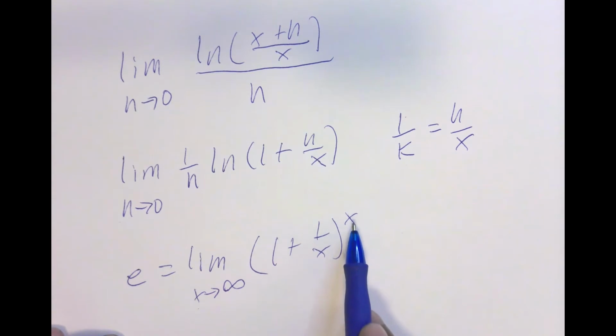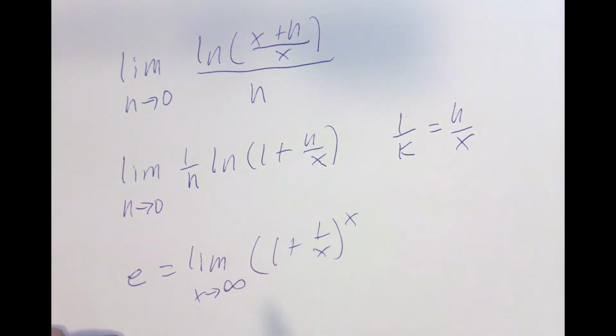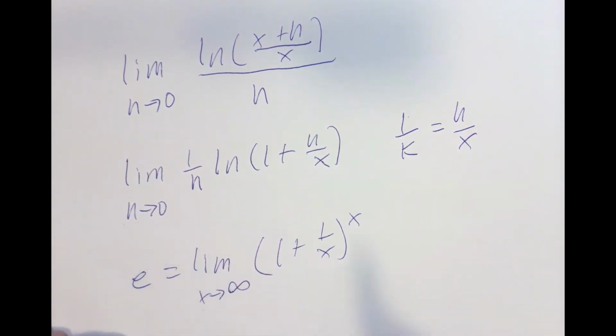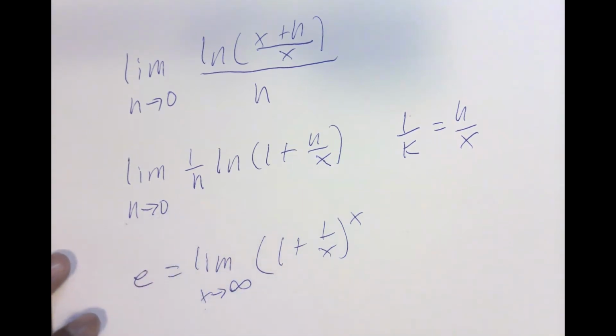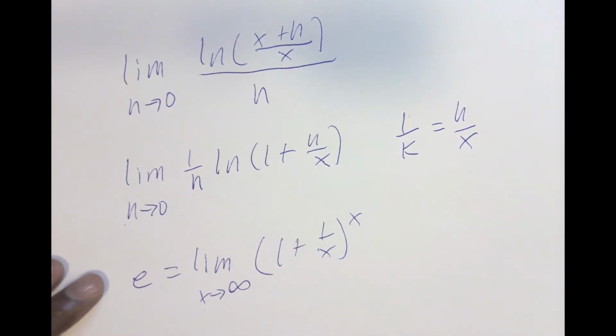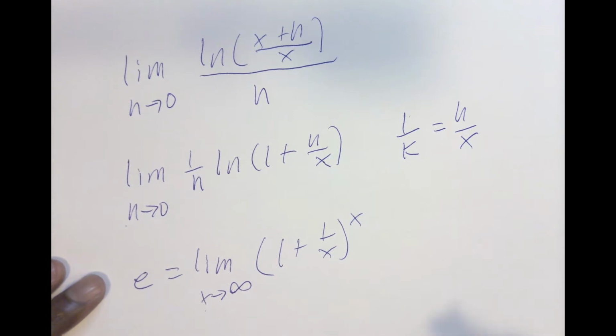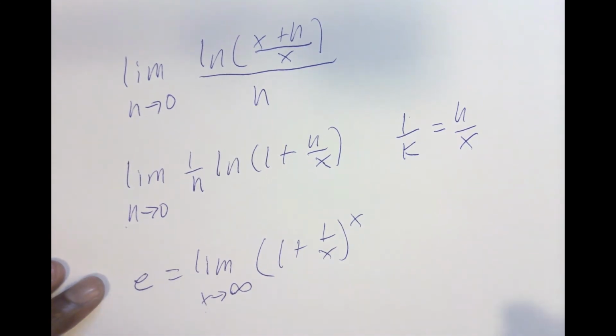And I'll deal with this exponent in a second, but still the problem is this is going to 0 and this is going to infinity. Okay, very good. So let's talk about what happens in this particular case.